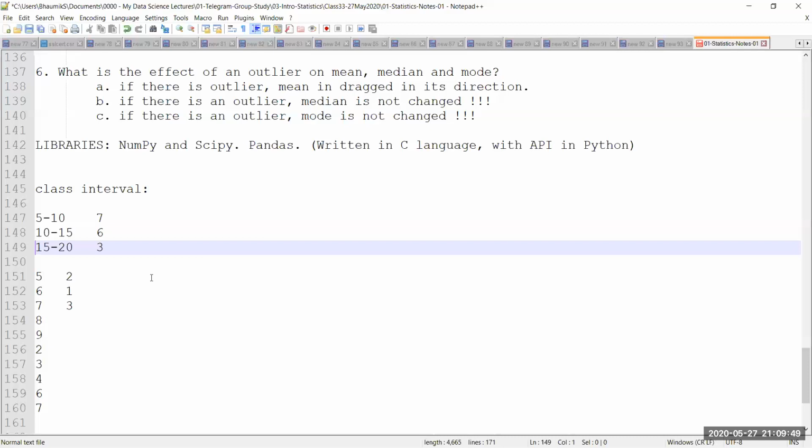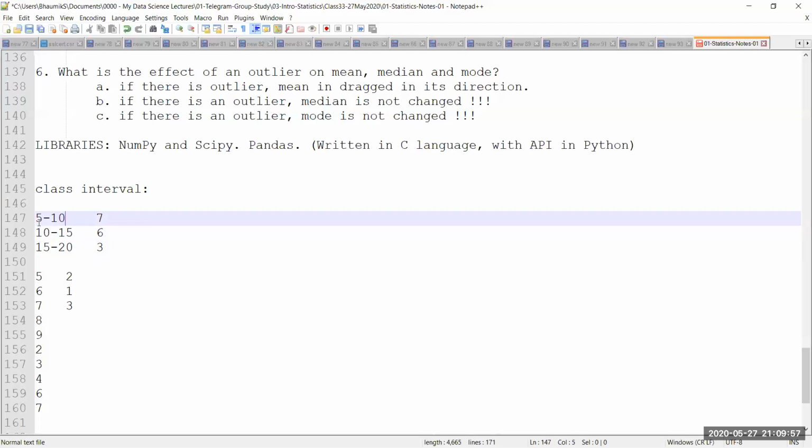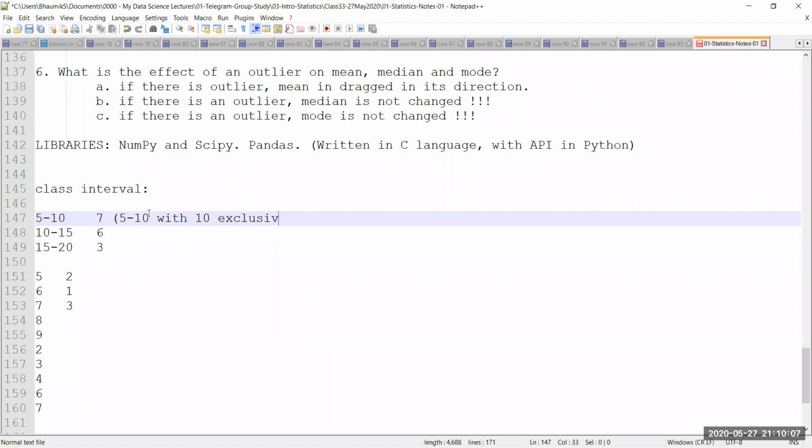The third point to remember: 5 to 10 and 10 to 15 should not have any overlapping points. 5 to 10 essentially means the range is either 5,000 or any number between 5,000 and 10,000, with 10 exclusive. 10 is not considered in that range.